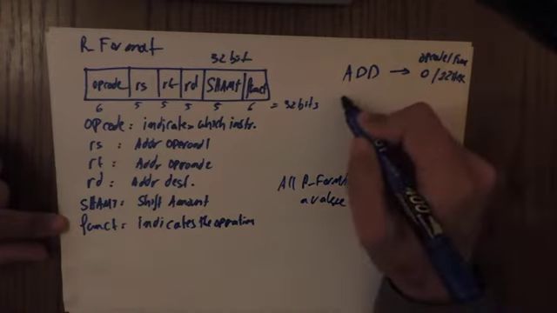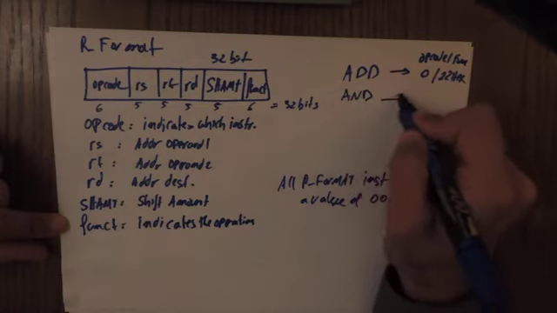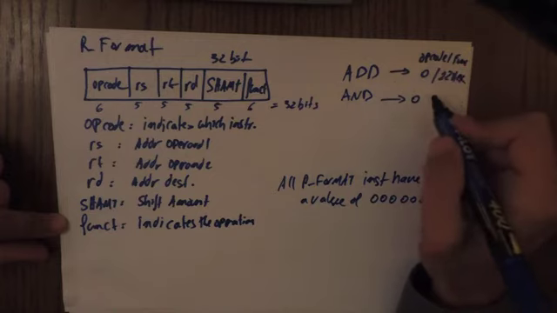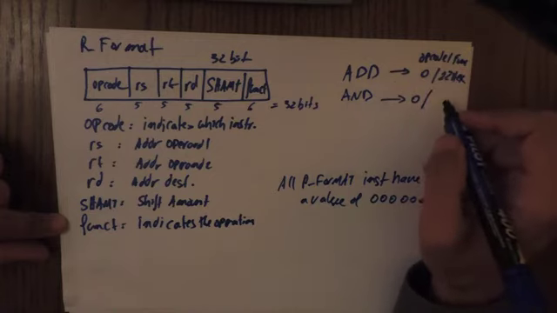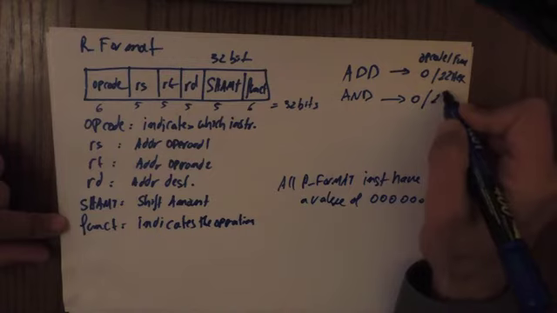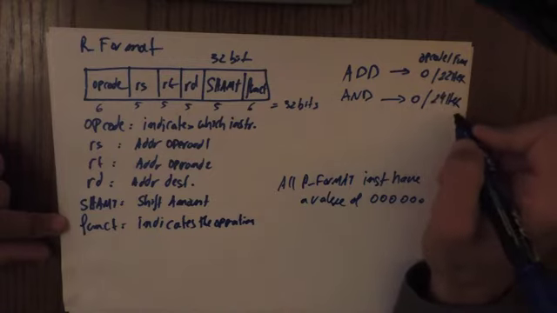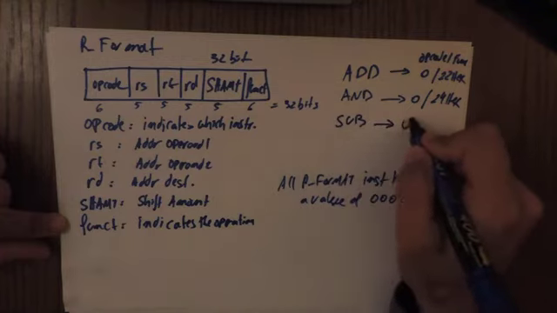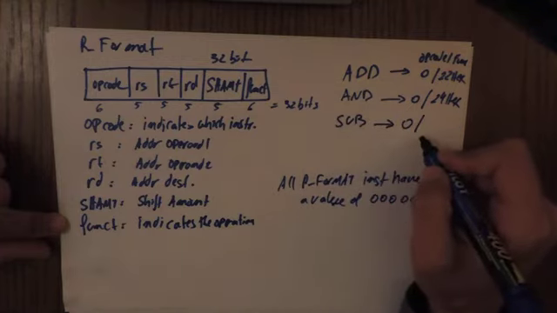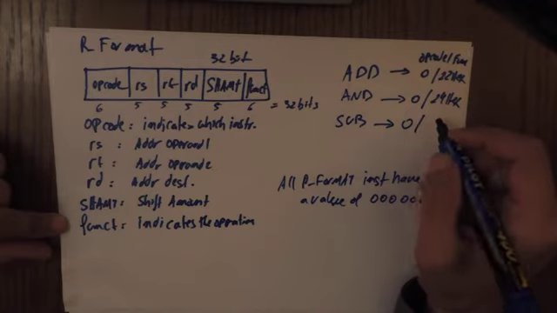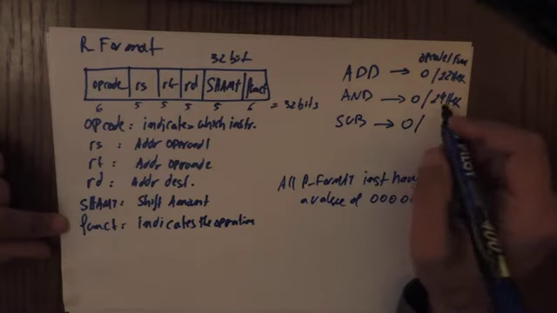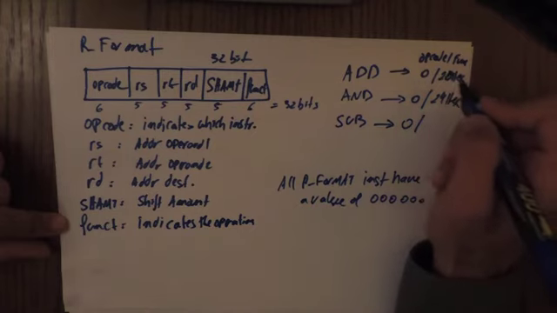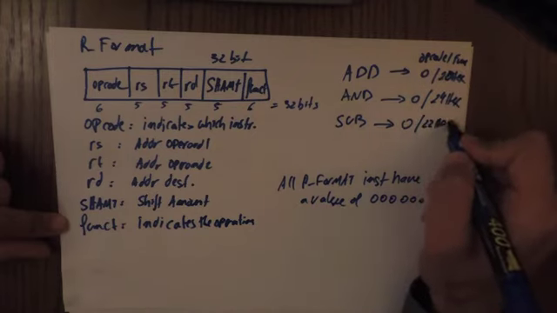If we have an AND instruction, it will also have an opcode of 0, and the function will be 24 hex. For example, another R format instruction is sub. It has an opcode of 0, and it will have a function of 20. Well, actually I made a mistake. This is 20 hex for add. This would be 22 hex for sub.